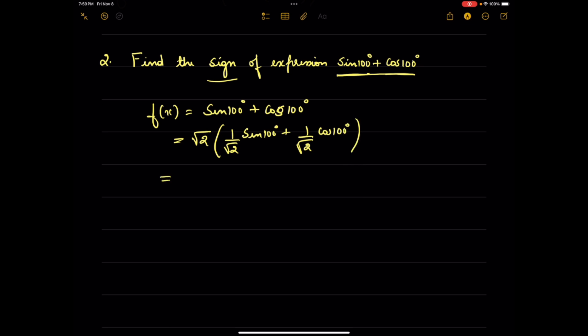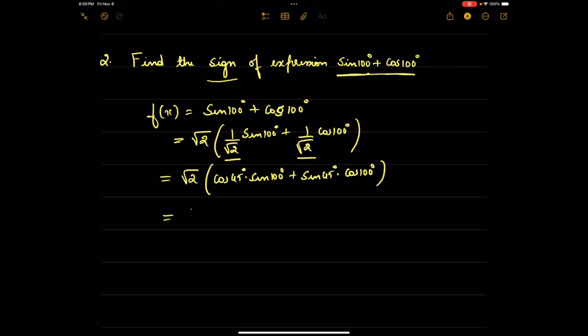Now 1 by square root of 2 can be written as sine 45 here, and this can be written as cos 45. So this would be square root of 2 times cos 45 degrees multiplied by sine 100 degrees plus sine 45 degrees multiplied by cos 100 degrees.